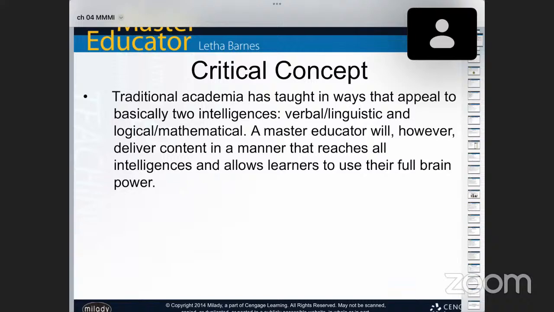Even when we deliver our message, when it comes to teaching, we have to make sure we are touching at least four of these learning styles that you're going to learn about.